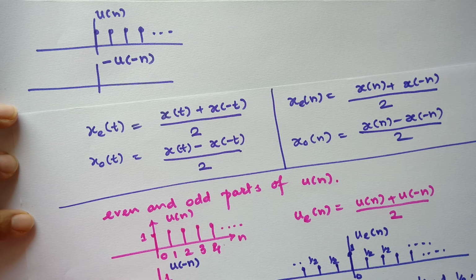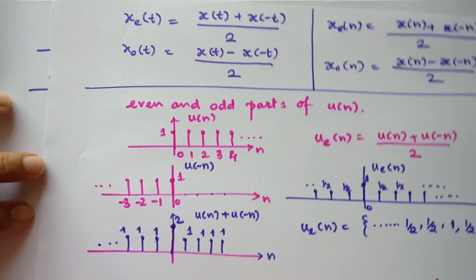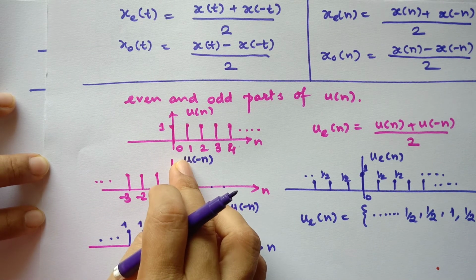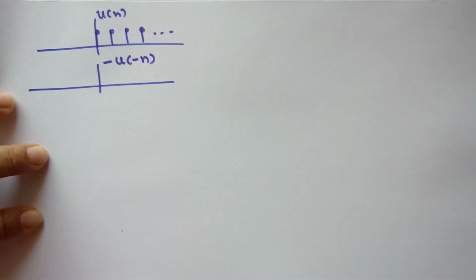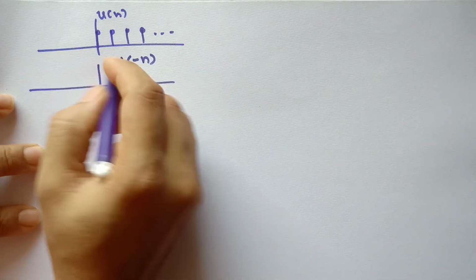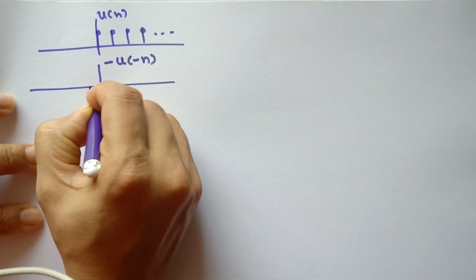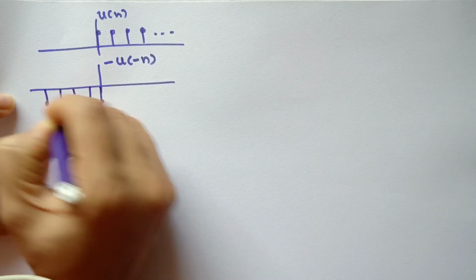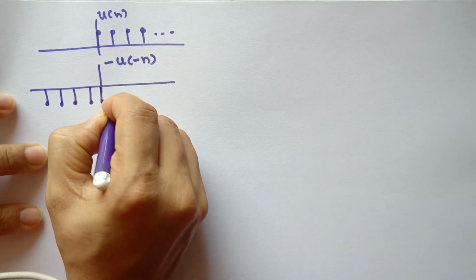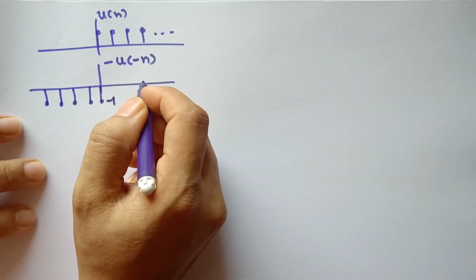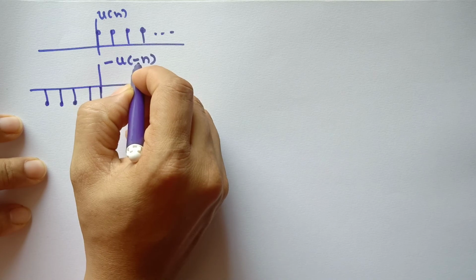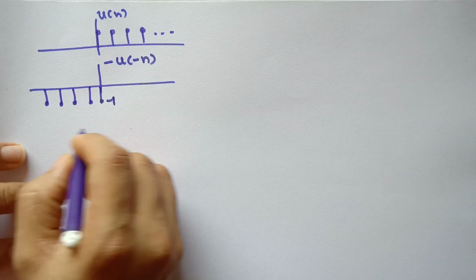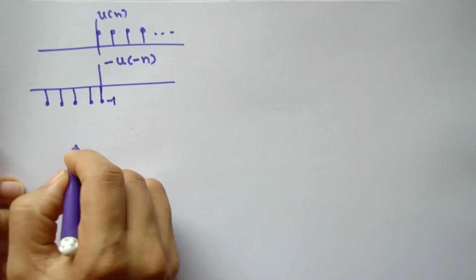Multiplying this signal by a minus sign, this amplitude is -1. So you can write just u of minus n and then subtract the sample. This is one and the same thing. Okay, now we'll add those samples.